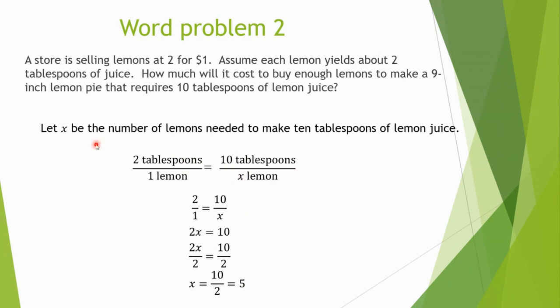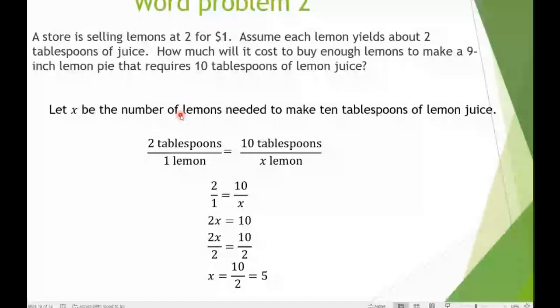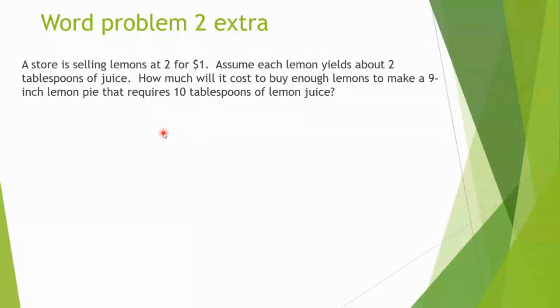Not only do we have to get the number of lemons, we need to know what the cost is. Now, you could get the cost easily using the factor label method, but I'm going to use proportions just to be consistent. So x was something else, so I don't want to use x again.